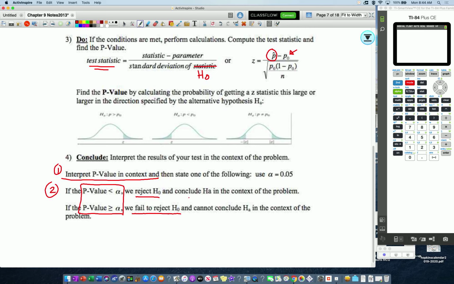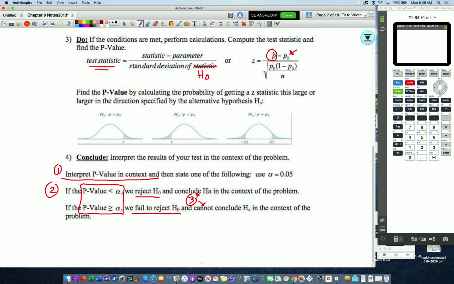And then 3 is you're either going to conclude the alternative in the context of the problem if you reject it, or you fail to conclude the alternative in the context of the problem. Notice how I don't say I actually prove that the null hypothesis is true. I can only conclude that I have evidence that the alternative is true, or I don't have evidence that the alternative is true.